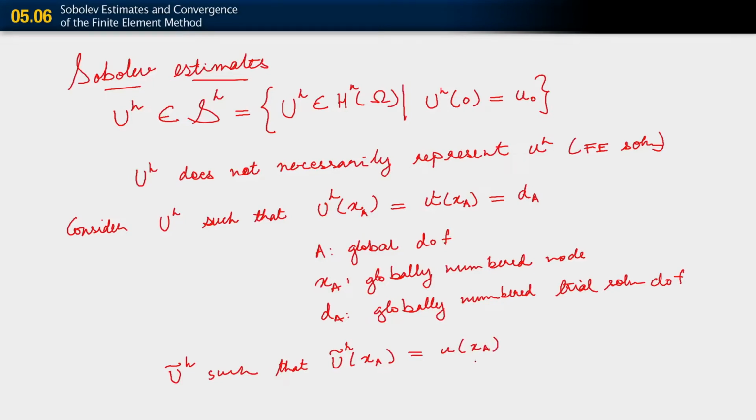The idea is that if you had the exact solution and you could evaluate it at a nodal point, right, take that value and let's suppose that u tilde h is such that it hits the exact solution right there on the nodes. So what we are saying here is that u tilde h, expressed now as a function of position, little x, is what is said to be nodally exact.